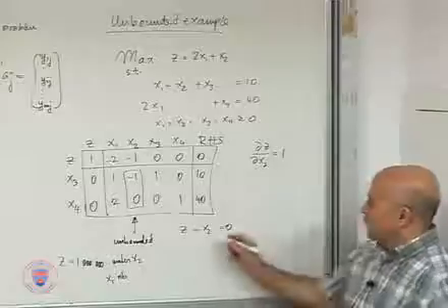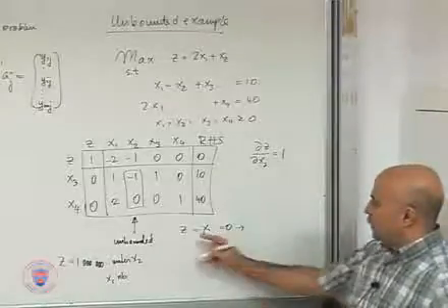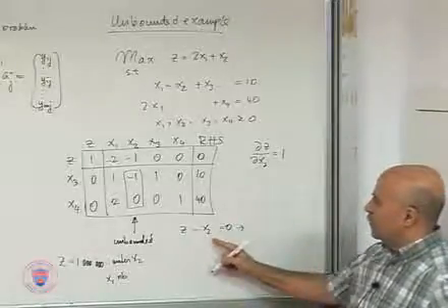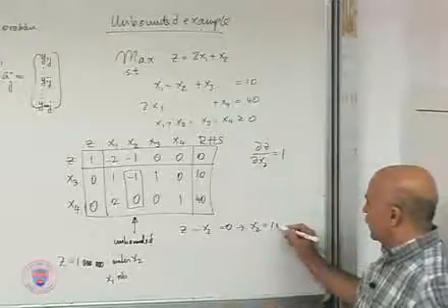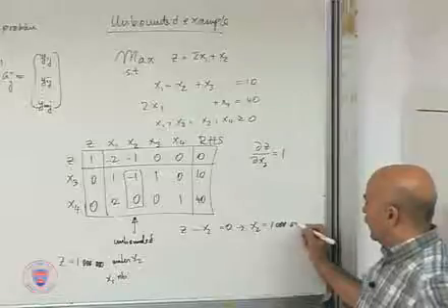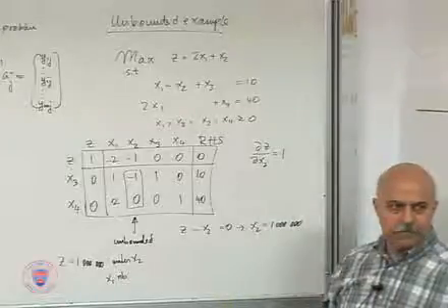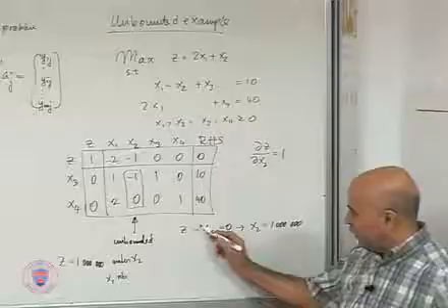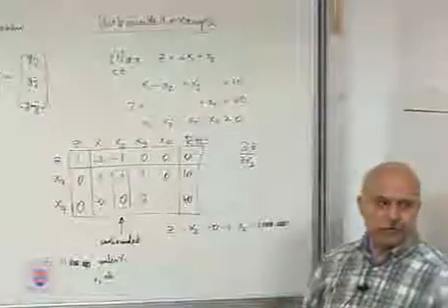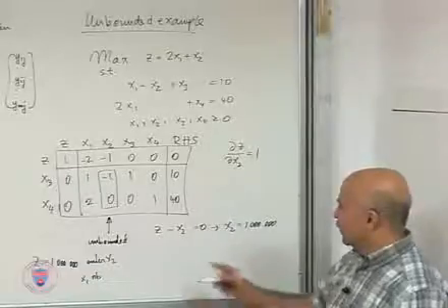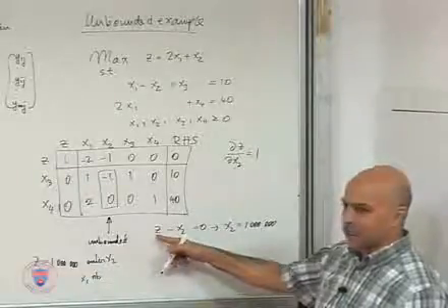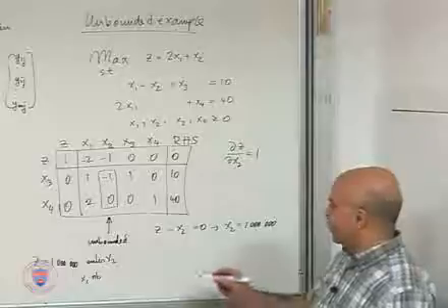So this tells me that if I want a z value of 1 million, then x2 should be 1 million. I increase it to 1 million. Of course, if you had a different coefficient here, you could have computed by how much you should increase. You just substitute 1 million for z and then solve for x2. That's it.